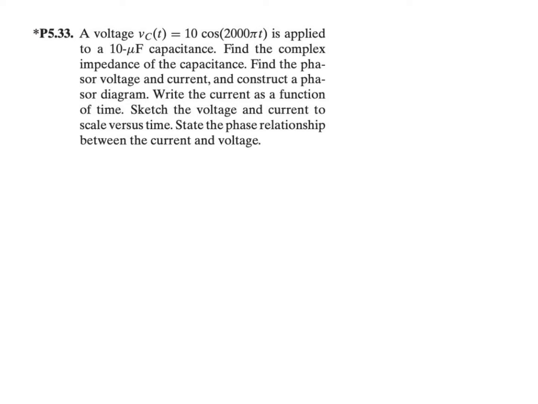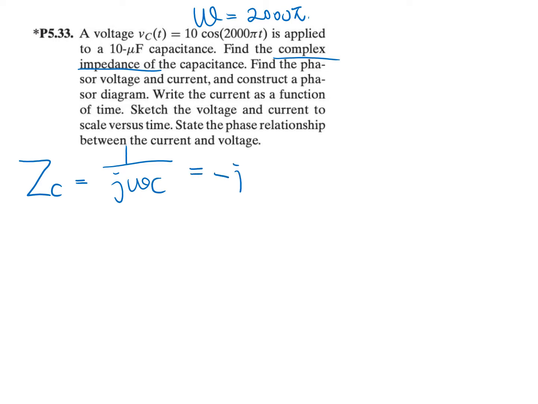First, omega is 2000 pi, the same as the last question. And we need to find the complex impedance, that's ZC. ZC is 1 over j omega C. If we substitute in the values, we get negative j 15.92. In polar form, that's 15.92 ohms, angle of negative 90 degrees.